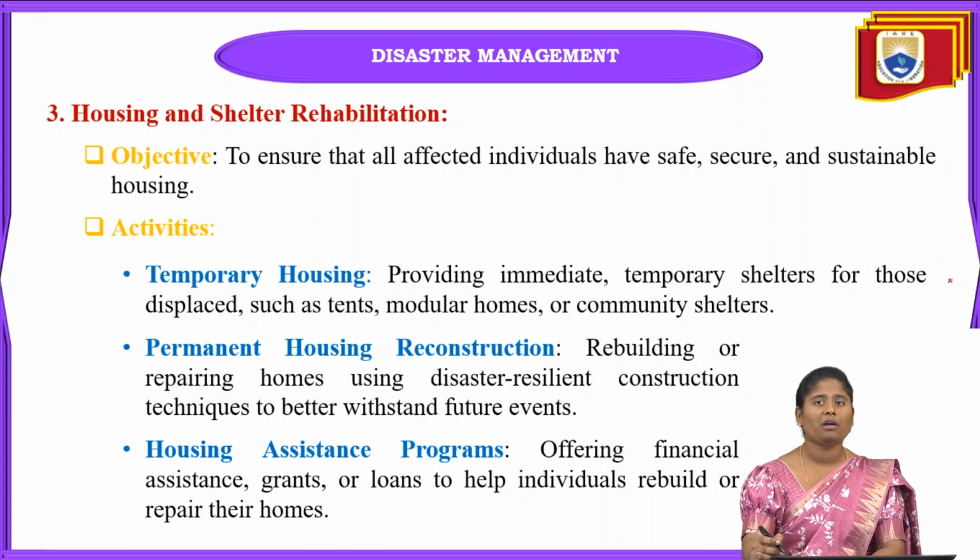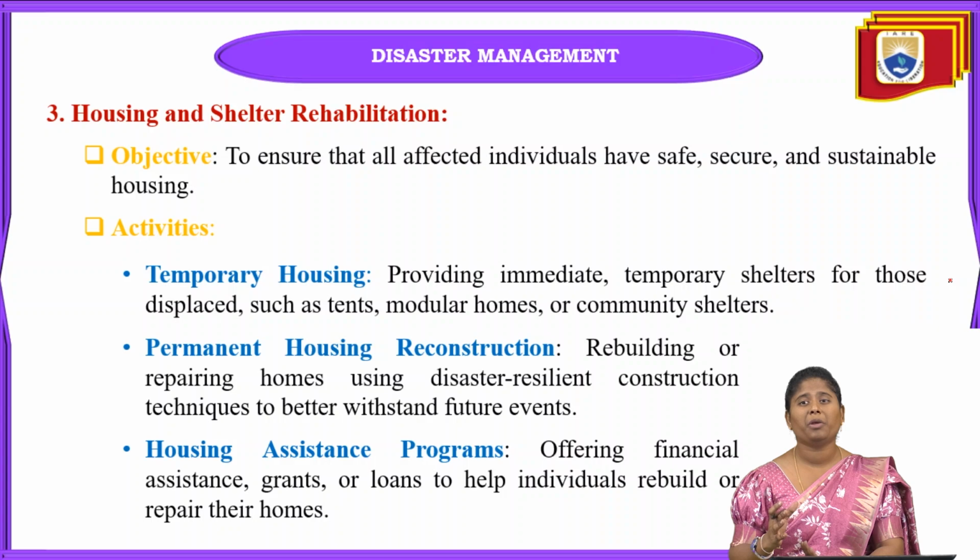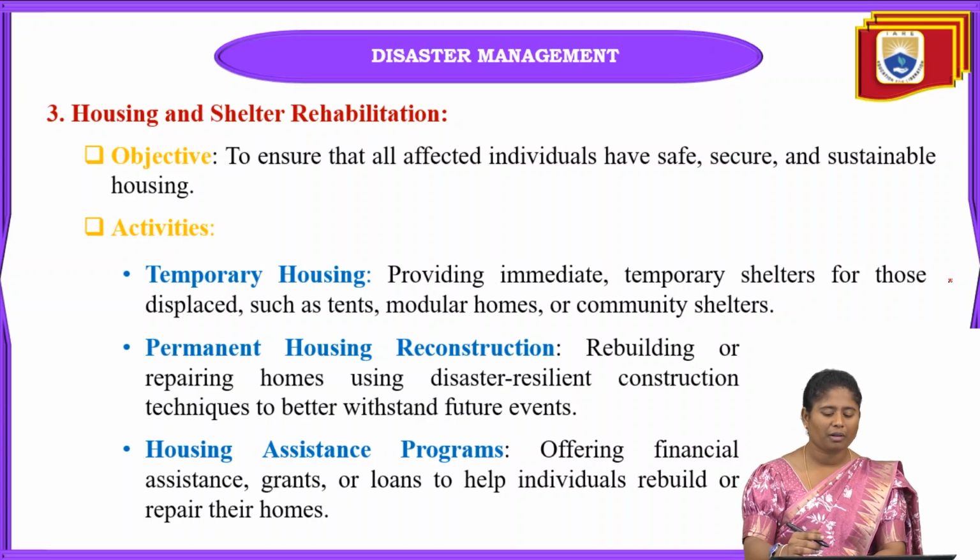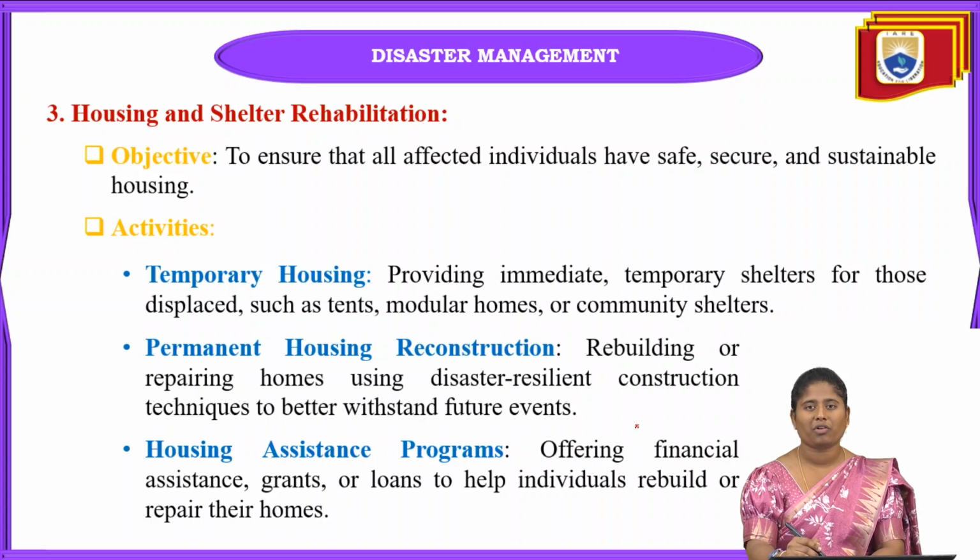Next one is permanent housing reconstruction. Some people lost their houses, so the government has to support those people by building houses. By this, some houses can be built with disaster resilient construction by the government, so that if another disaster happens, people can easily sustain through it.